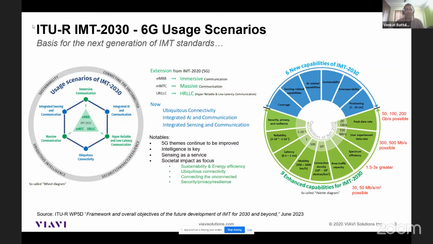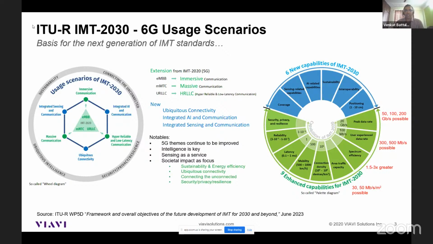High reliable and low latency communication. So this will always be the pillar for any communication network. It must be highly reliable. Without that, it's of no value. And low latency communication. So now we are talking about all real time stuff, extended reality, augmented reality.